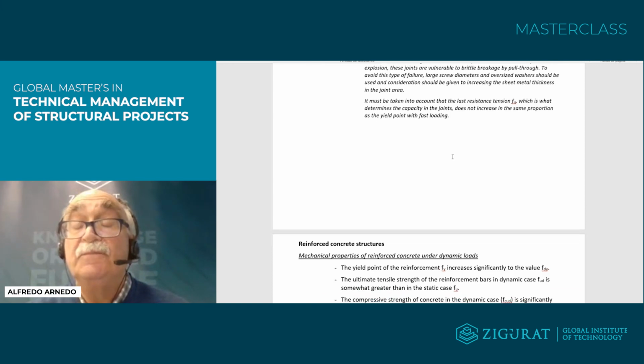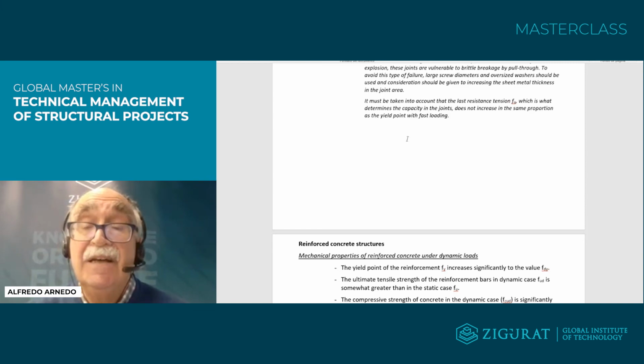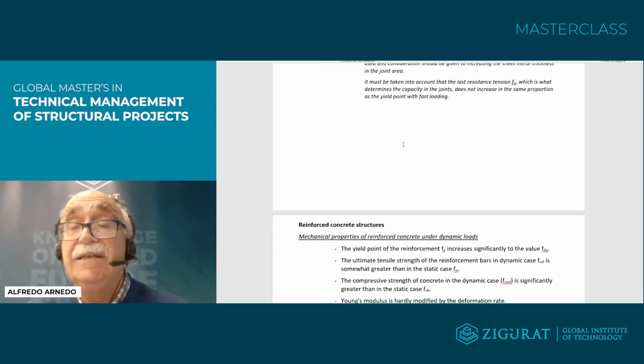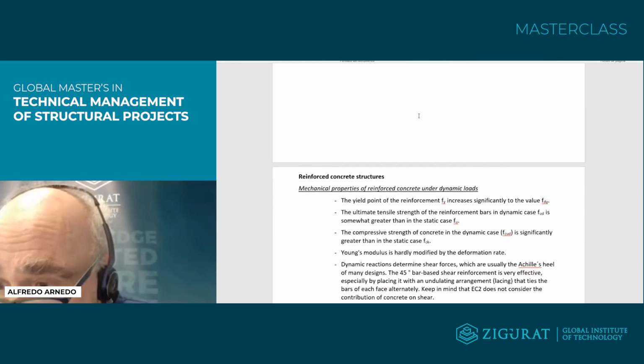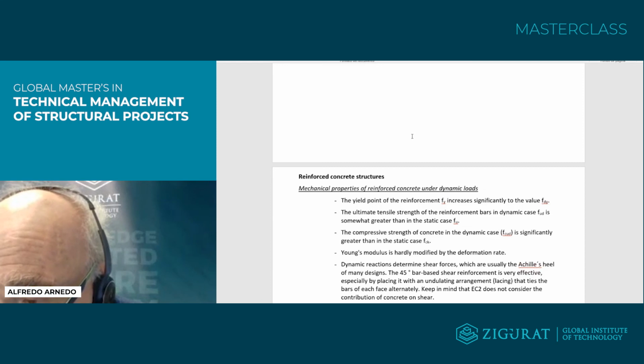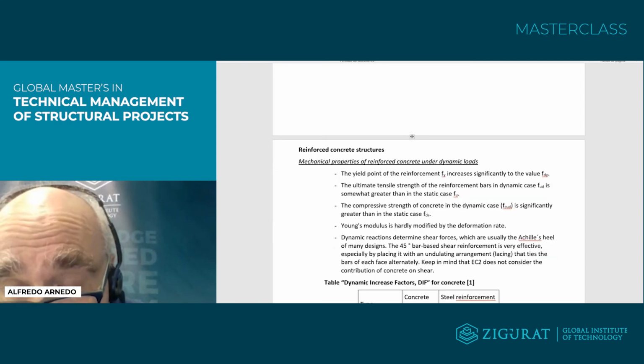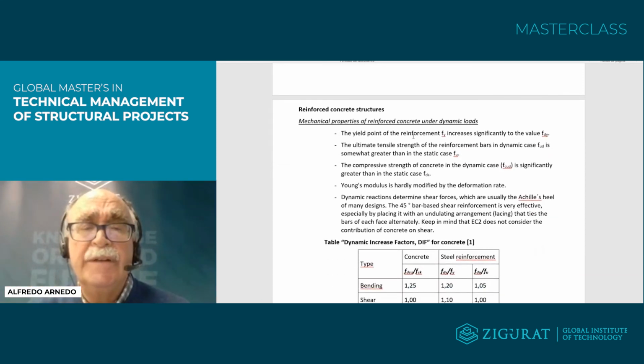It is also important to consider that all this formulation about local effects and joints is based on the ultimate resistant tension, and unfortunately in this parameter we don't have the same proportion as for the yield point.